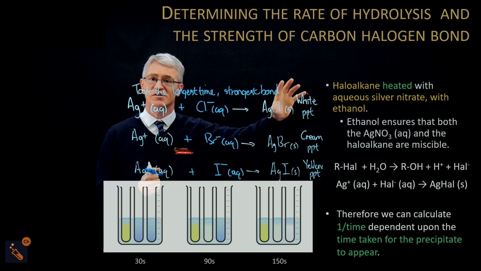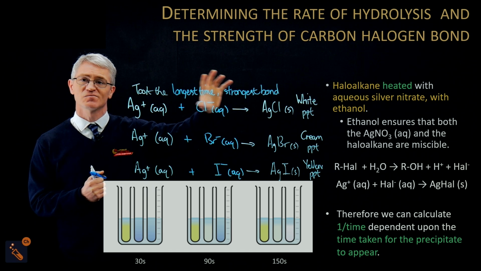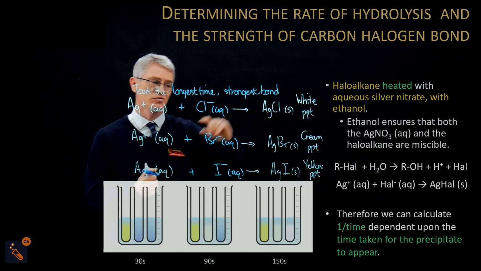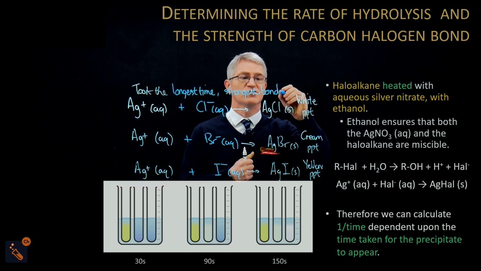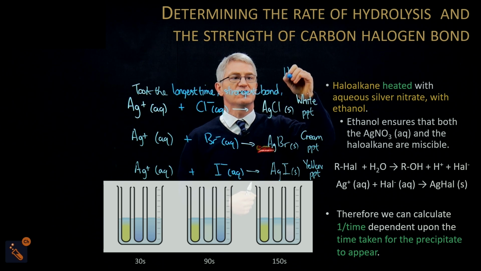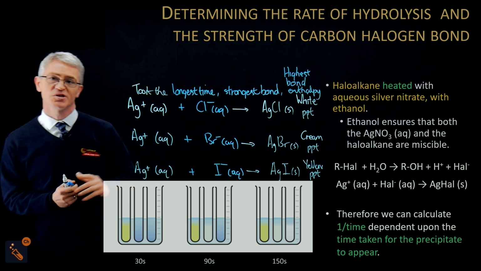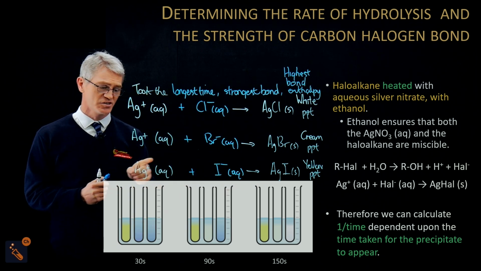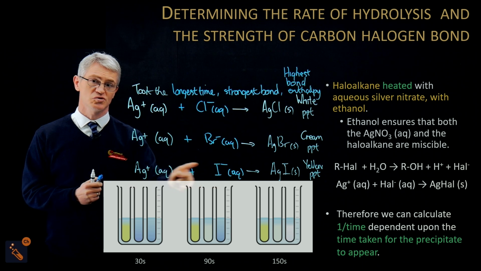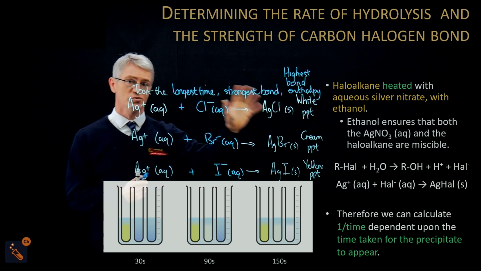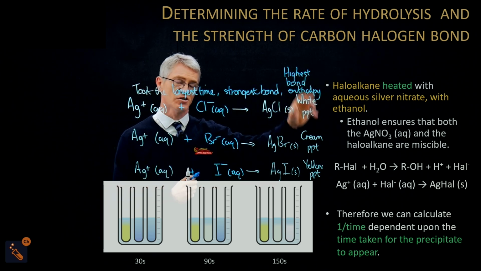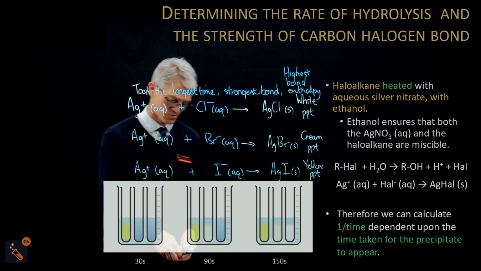Okay, and we know it's got the highest bond enthalpy because it took the longest time, the strongest bond, and we'll just write that down, the highest bond enthalpy. Okay, and we can say the opposite of this. So this one took the shortest time, therefore the weakest bond, therefore the lowest bond enthalpy.